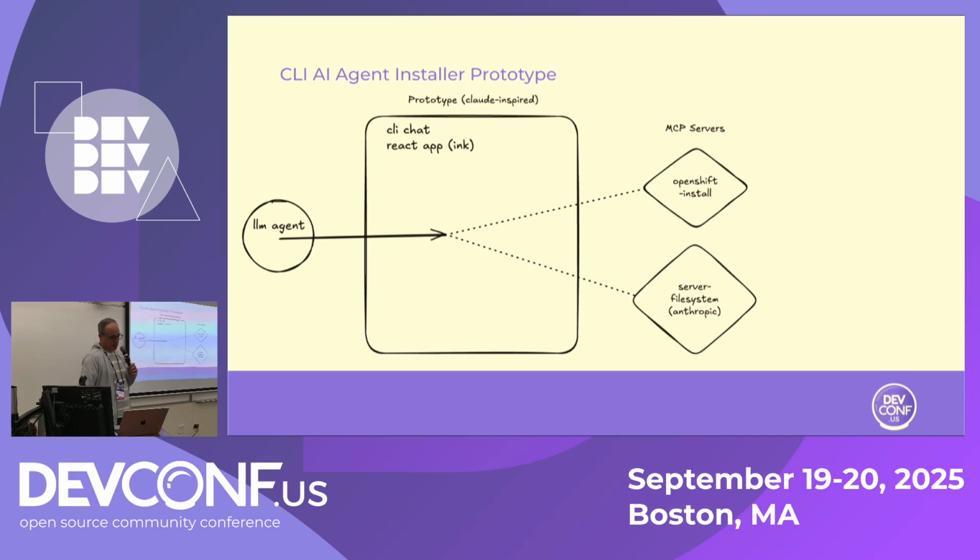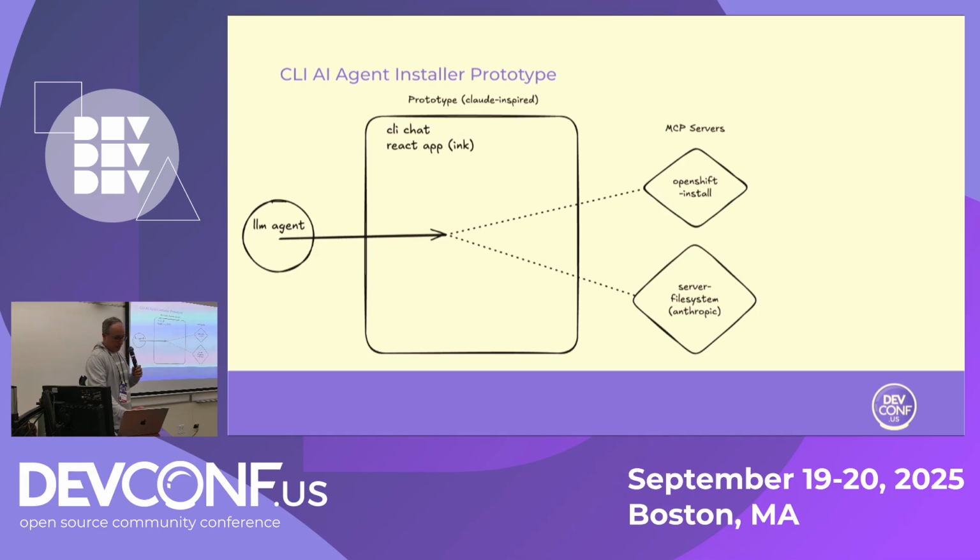So the Claude Code is a CLI chat app, which is built as a React app, which I typically think of React as a way of creating web pages. But using the Ink library, it basically renders a React app right into the CLI.